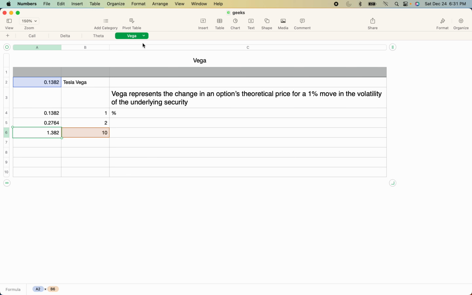The last one is vega, and vega stands for volatility. Essentially, vega represents the change in an option's theoretical price for a 1% move in the volatility of the underlying security. So let's say that Tesla volatility increased by 1%, and since its vega is 0.1382, the option price would increase by 13 cents approximately.